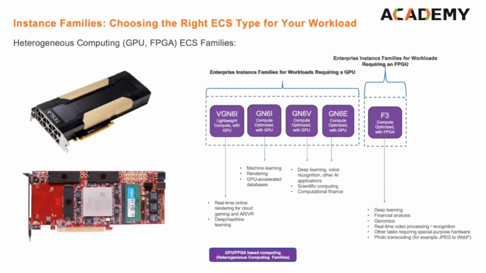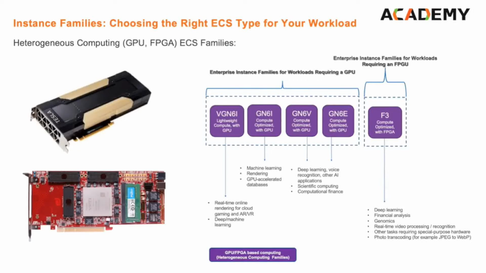And in the same category, we have the GN6i, which is the compute optimized with GPU. This is used for machine learning, rendering three-dimensional models in graphics, and for GPU accelerated databases. And we have the GN6V compute optimized with the GPU. This is used for deep learning, voice recognition, other AI applications, and even for scientific computing and computational finance.